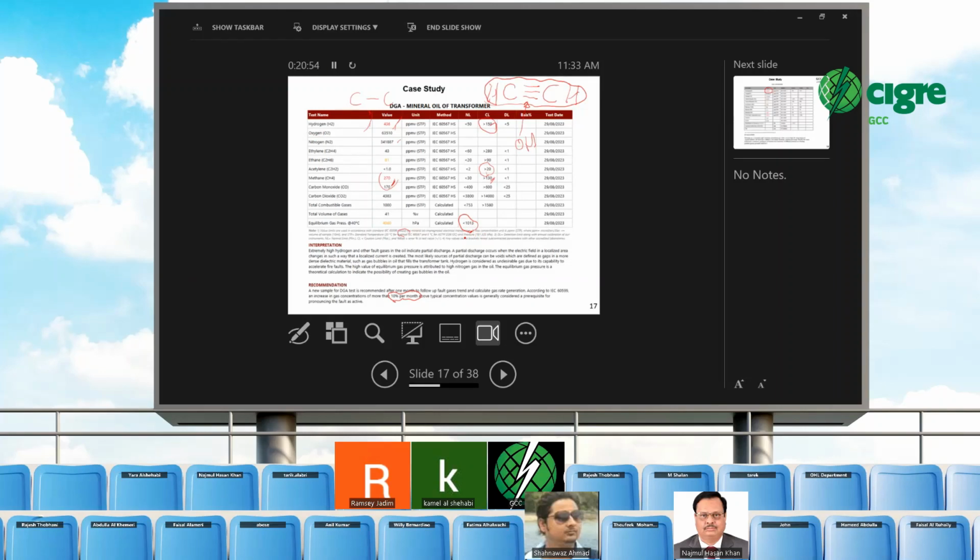I also forgot to say something: in one research article I have seen, you may be waiting for the lab to tell you that 25 ppm acetylene means you have a problem, but if it is 19, you haven't a problem. This is not correct.